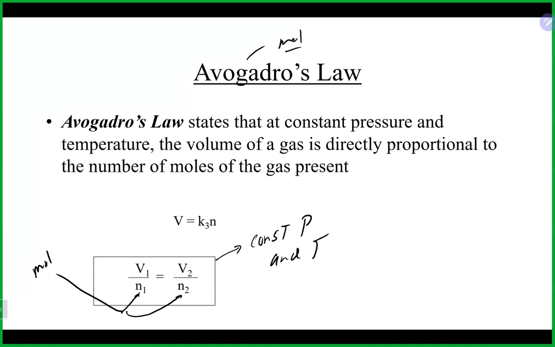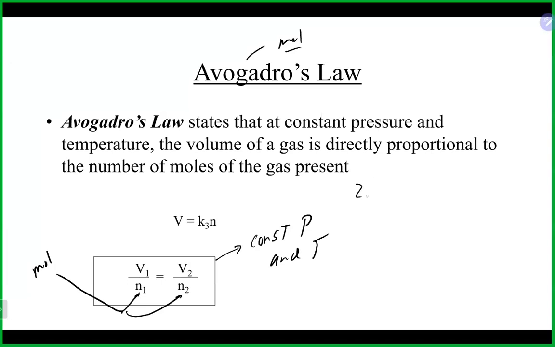And basically the relationship for Avogadro's law is this. If you have constant pressure and temperature, there's a direct proportion between the volume and the number of moles of gases. So as the moles go up, so does the volume. In fact, you could use Avogadro's relationship, for example, to do stoichiometry problems.